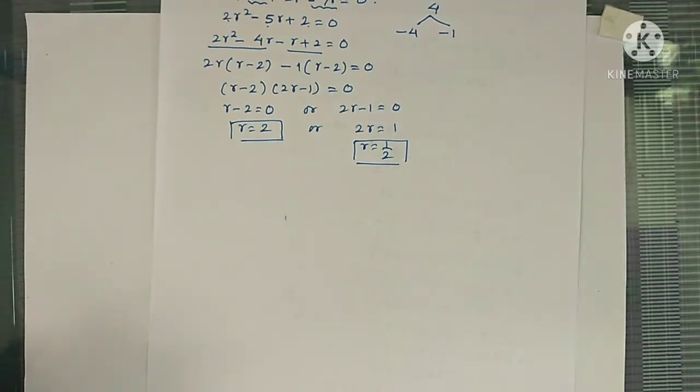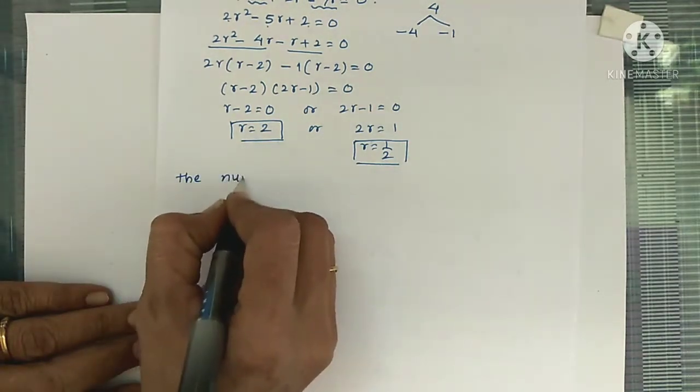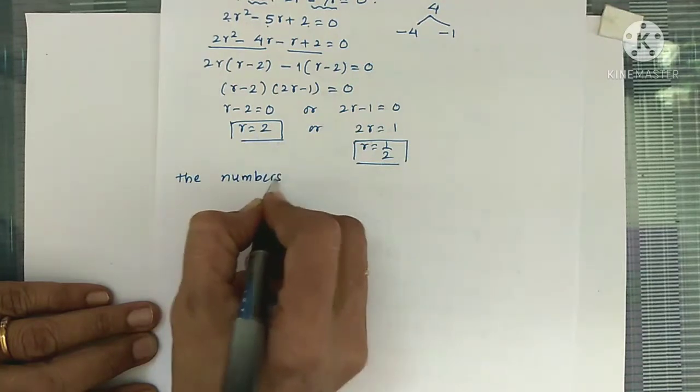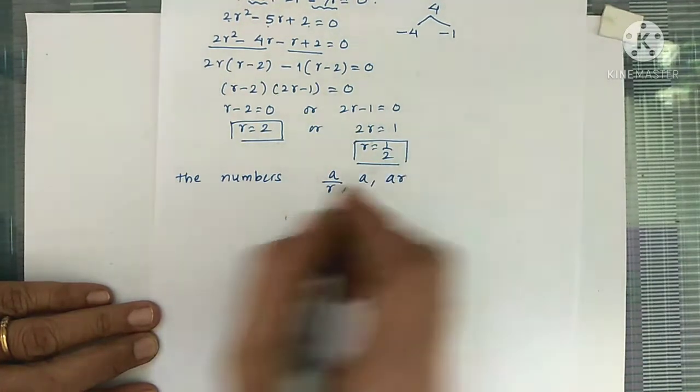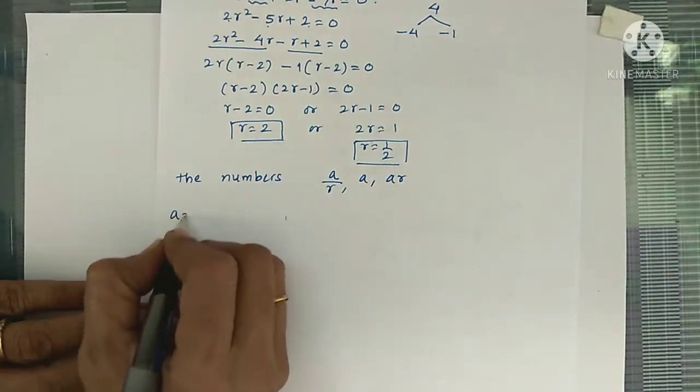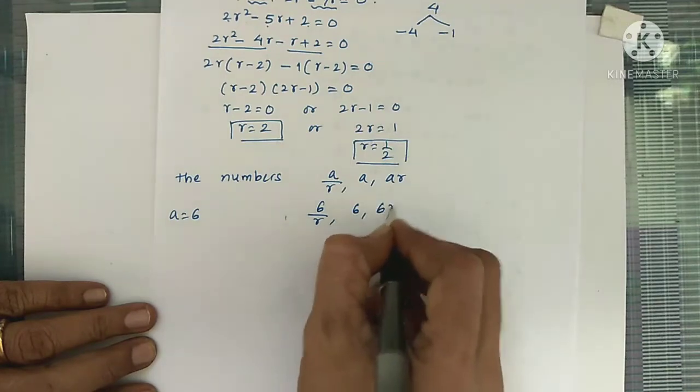Now we know for r equal to 1 by 2, we get the same numbers, but in reverse order. We have taken 3 numbers, and those are a by r, a, a r. So first let's put the value of a. A is 6. So 6 by r, 6, 6r.